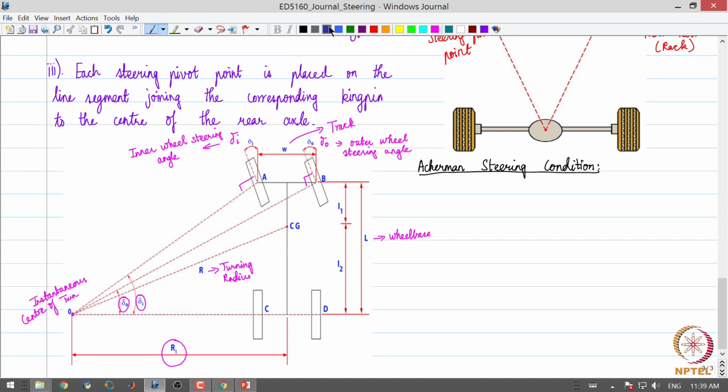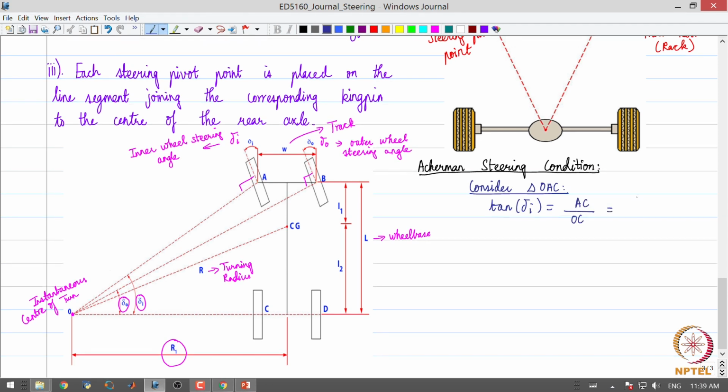Now let us see what happens with the Ackermann steering condition. Consider the triangle OAC. What will be tan of delta I? It is going to be AC by OC.